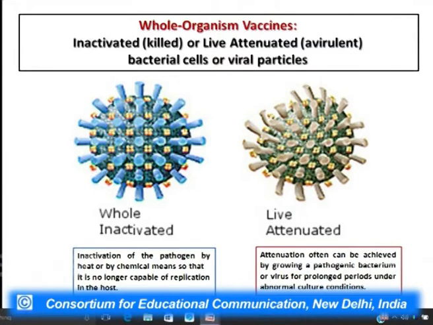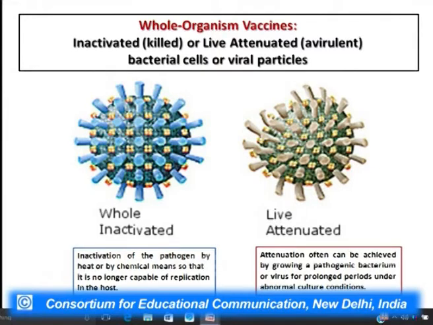As you can see on the left hand side, it is a whole inactivated organism that is being used. Here it could be a bacterial cell or a viral particle, but it is a complete bacterial cell or a complete virus particle. On the left side, the blue one is totally inactivated.